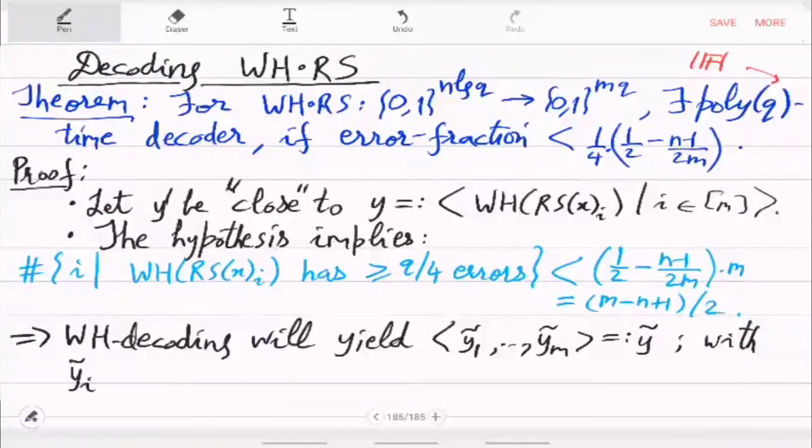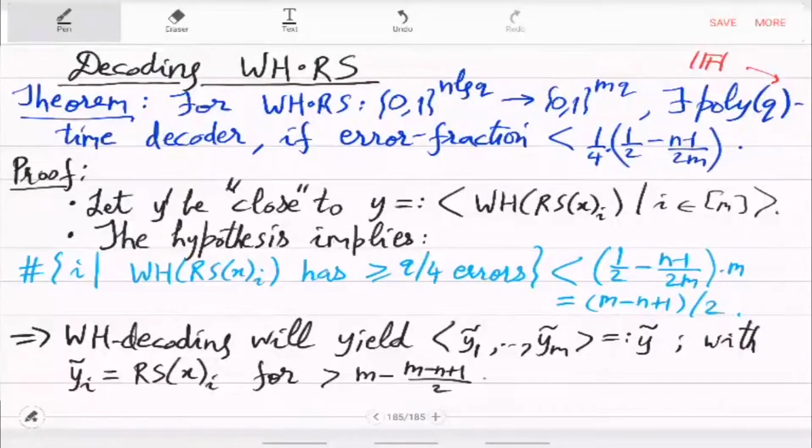You won't know which i's are good, but you will know the number of i's that are good. So yi tilde is equal to the correct ith symbol for greater than m minus n plus 1 by 2, which is m plus n minus 1 by 2 of the i's. You don't know which ones, but you know the number of i's.